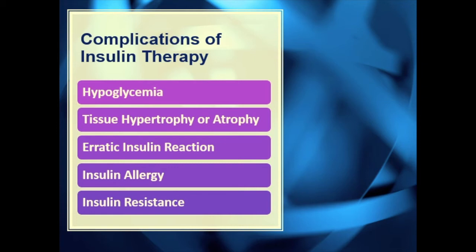As mentioned, insulin allergy has been reduced because of the use of human insulin. Then we have insulin resistance. When I say insulin resistance, it means that at the same dose or a higher dose, the blood sugar levels are no longer responding, as if the blood sugar is not reacting to the action of your insulin. That's insulin resistance.